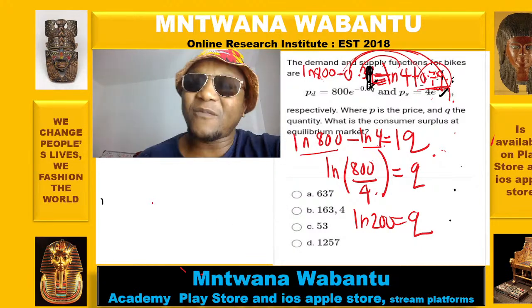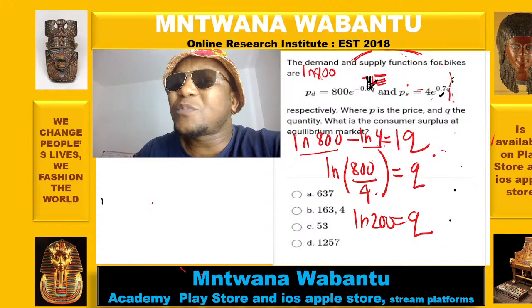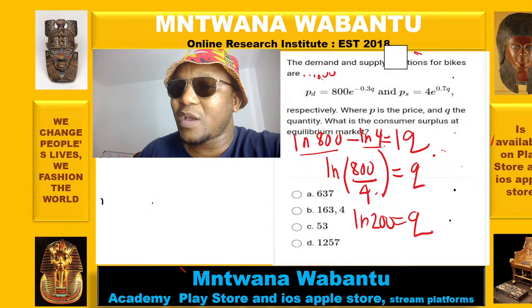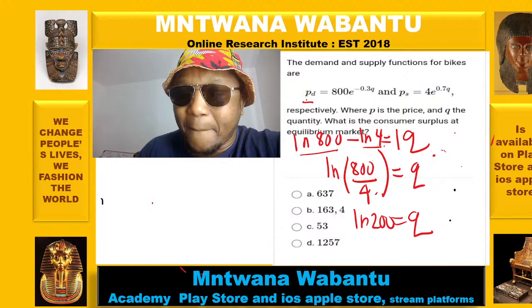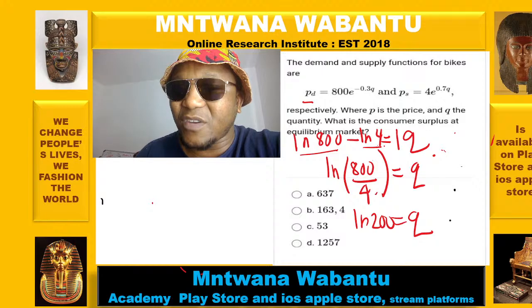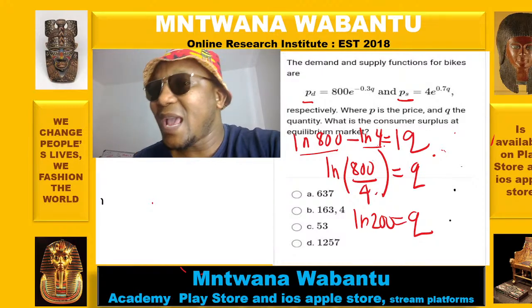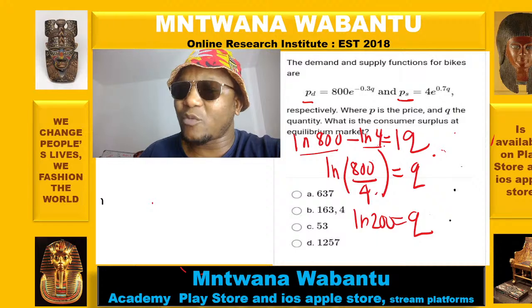Okay? And if you have the value of Q, it means we can substitute and get the value of P. So that should be the very first step. You must equate your price of demand and the price of supply, and then find P and Q. So we already have Q. Q equals ln of 200. What about P?